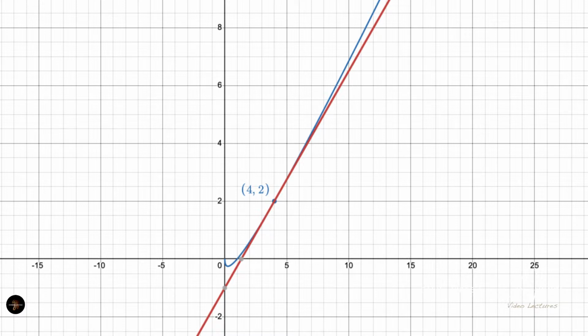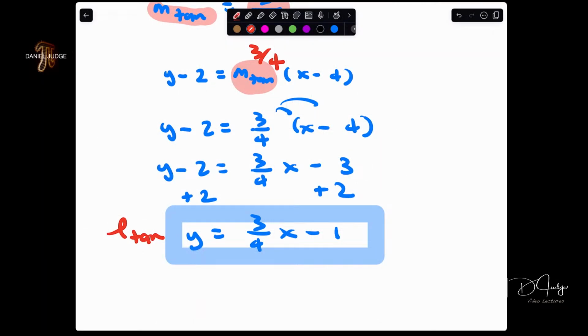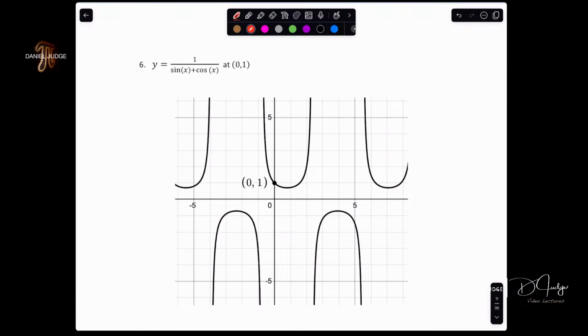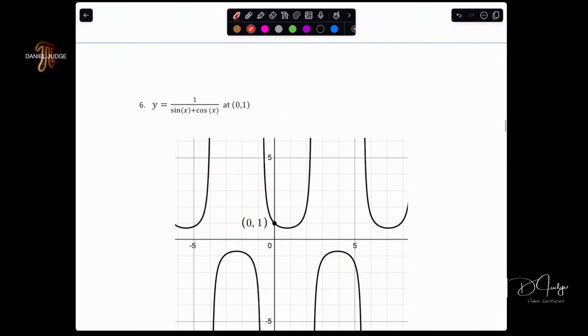All right. Let's see the next one. Let's see number 6, I guess. Okay, number 6, we have this 1 over sine plus cosine at the point (0, 1). It looks like there is no restriction on that domain, but it doesn't really matter. We're looking at, again, finding the tangent line, which will be y minus y1 equals m tangent times (x minus x1).